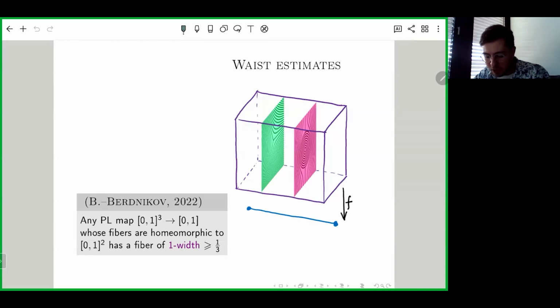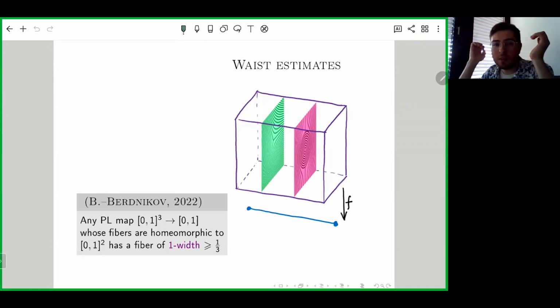In this picture, I have my three-dimensional cube, and maybe, after some homeomorphic change or whatever, I just think that my map to [0,1] is just the projection map. So my fibers, which were homeomorphic to disks, are now vertical in this picture.